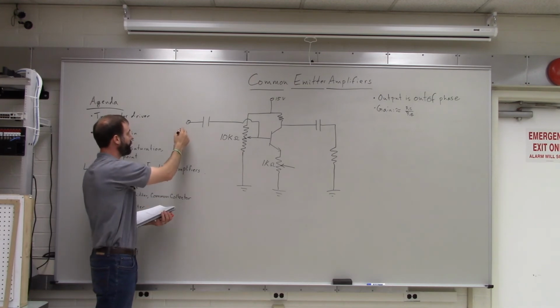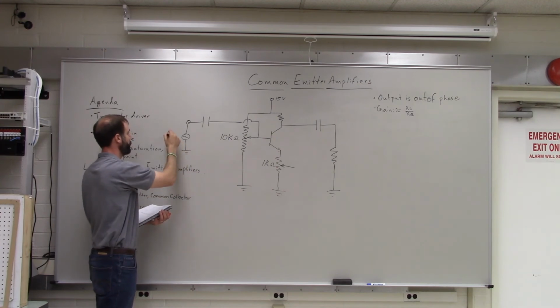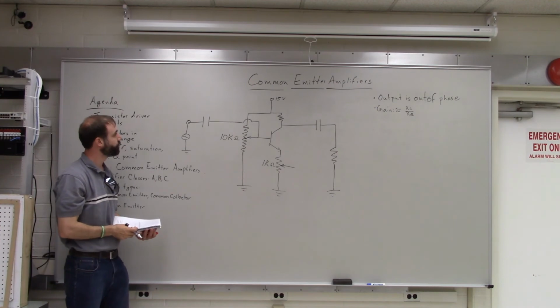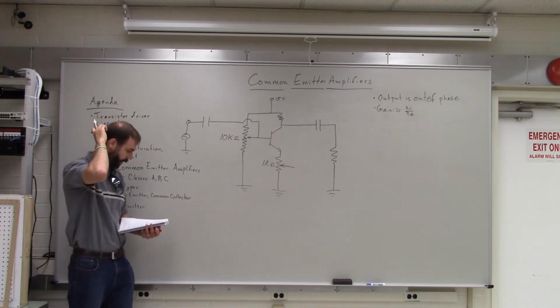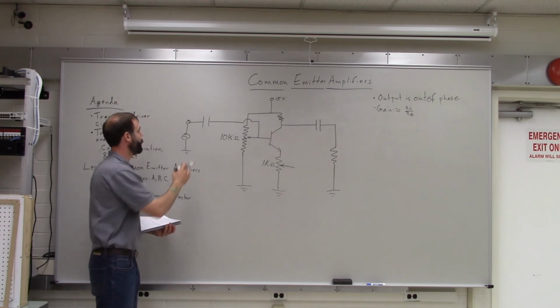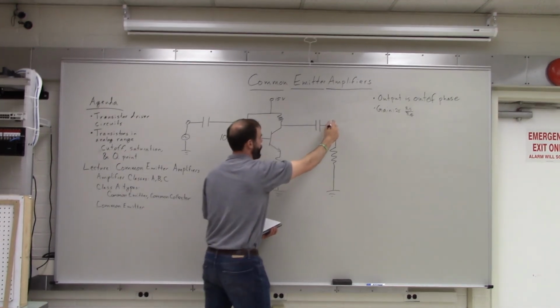And your input is going to be connected to a 1 kilohertz sine wave. Okay? And you're going to use your oscilloscope to measure the input signal and the output signal here.